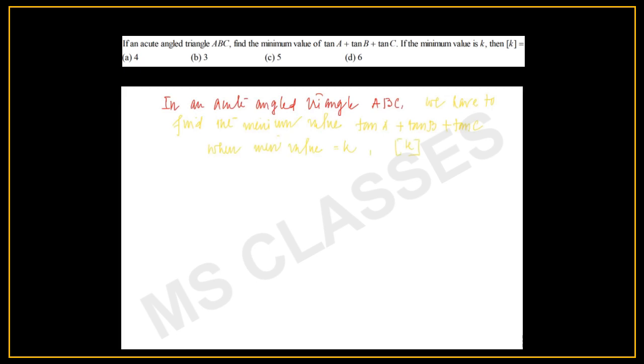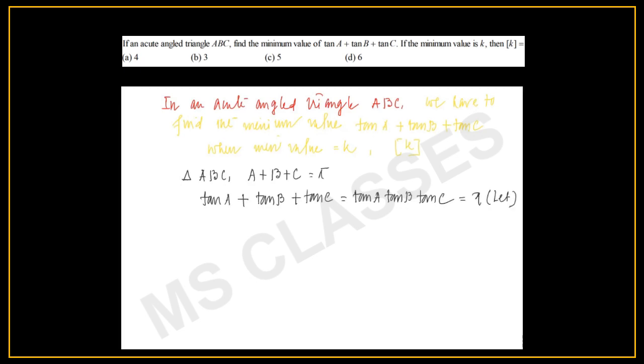Now we know that when we have a triangle ABC, that is A plus B plus C equal to pi, then tan A plus tan B plus tan C is equal to tan A tan B tan C. Now this we take as x, let.